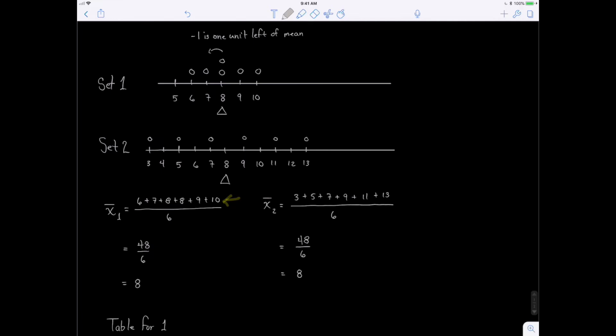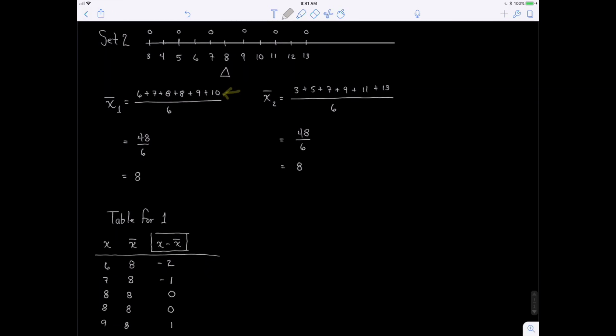And when we had 9, well, that had a positive 1. And what that meant is positive 1 is 1 unit right of the mean. So that's what the positives and negatives are telling us, whether it's below or above the mean.